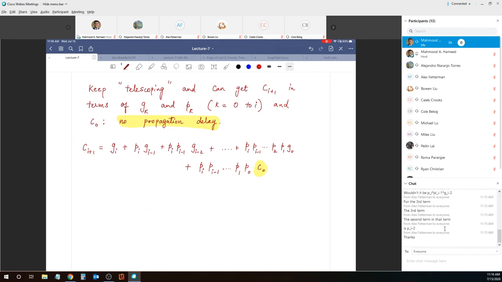So let's try to actually find out how many gate delays are involved with respect to C sub i. Well, C sub i plus 1 is in the SOP form, right? And if it is the sum of product form, we know that it involves 2 gate delays. However, the generate function is also there.